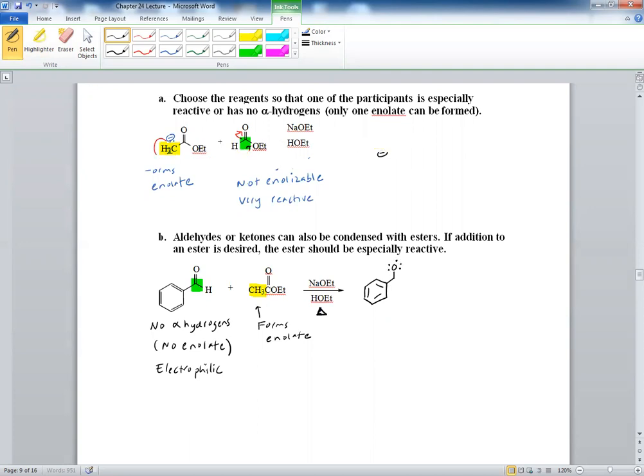Now I'm drawing this intermediate because you need to pay attention to a very important point here.